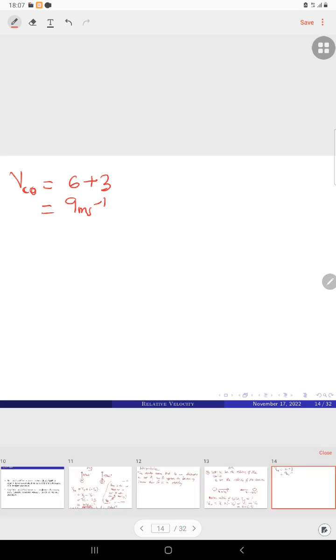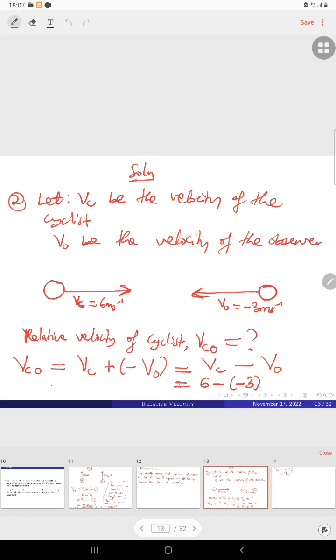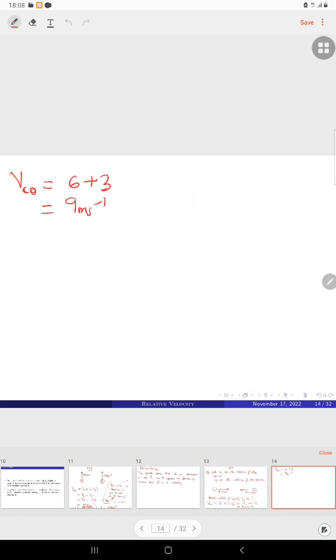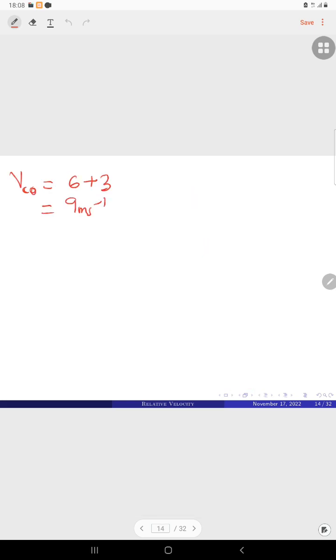Originally, how fast was the cyclist moving? Originally, the cyclist was moving with 6 meters per second. Right. But how is the observer going to see it? That is the meaning of the VCO. The relative velocity of the cyclist means VCO.